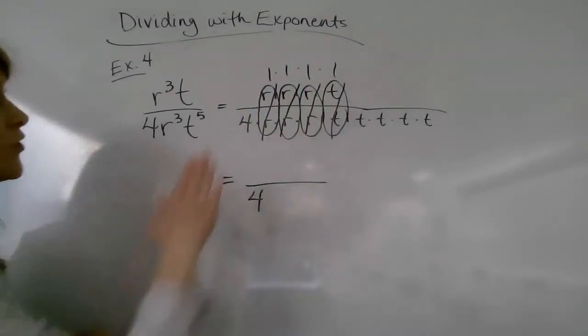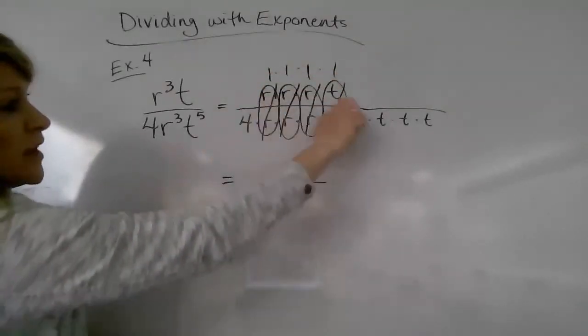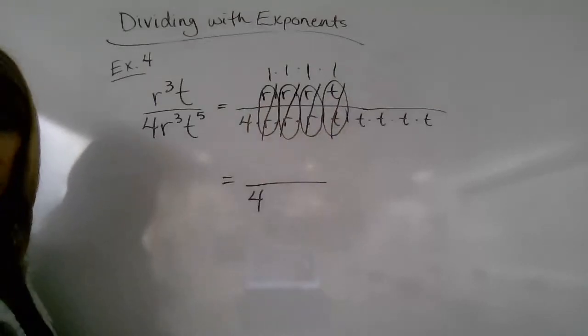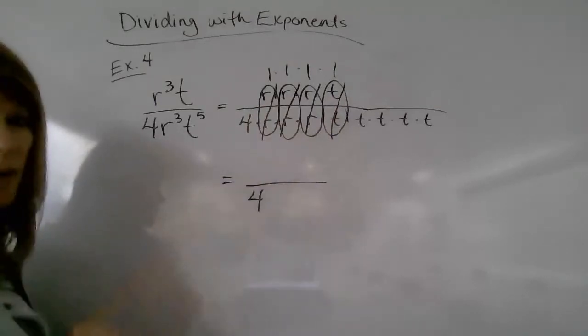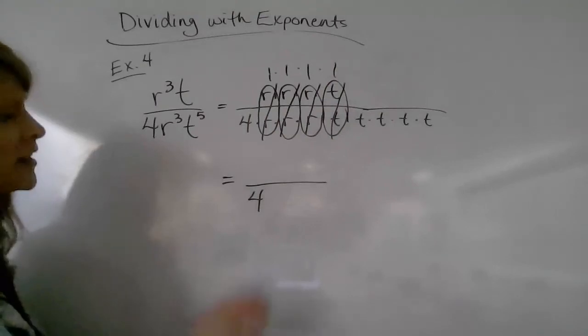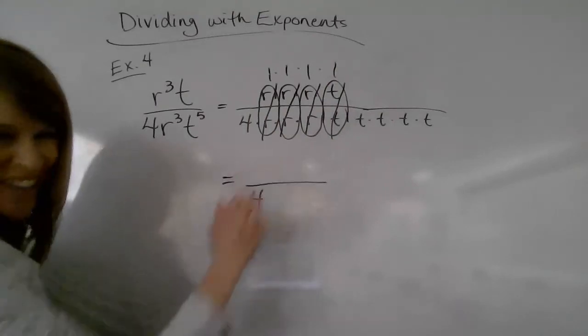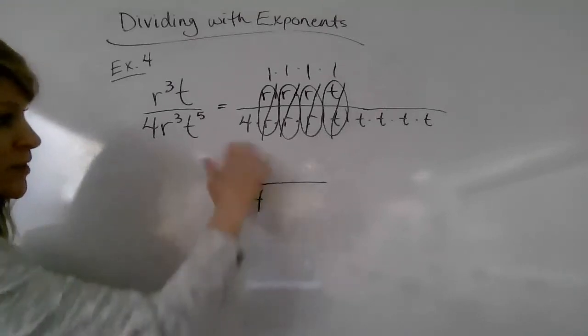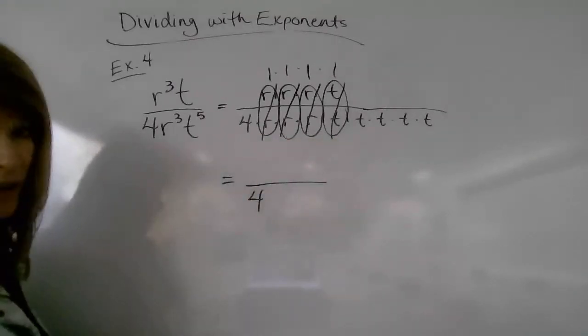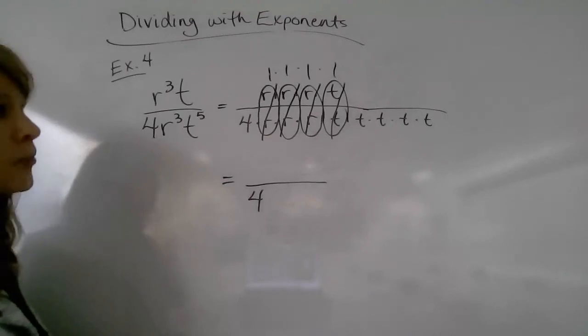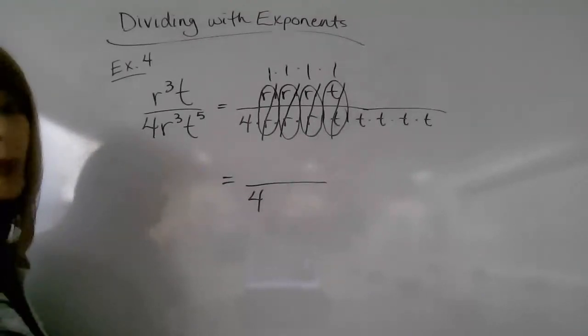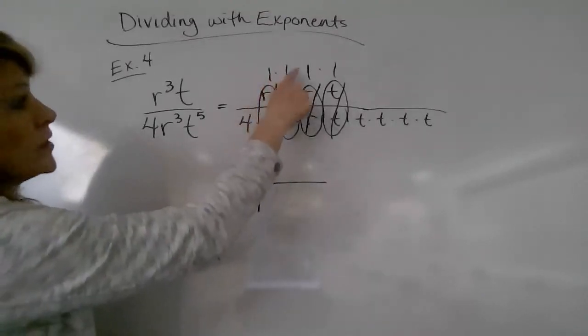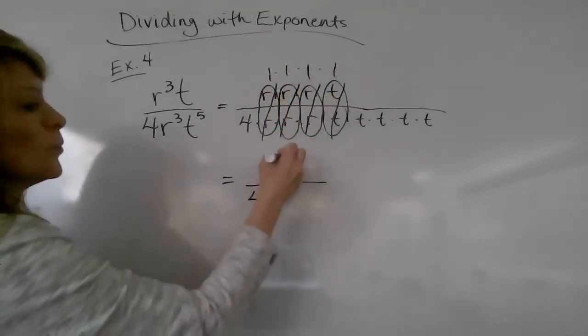If you forget that this equals 1 and you cancel everything out, it's not 0 that goes in the numerator. It doesn't mean that there's no longer a numerator and it just is what's left on the bottom without it being a fraction anymore. No, we have to hold that numerator with a 1. 1 times 1 times 1 times 1 is 1.